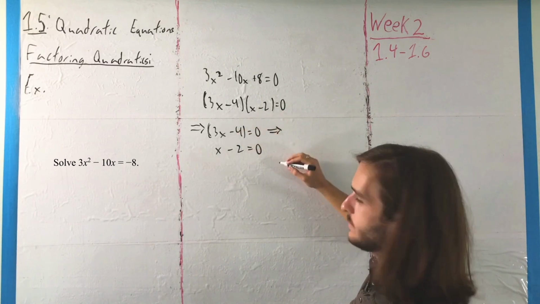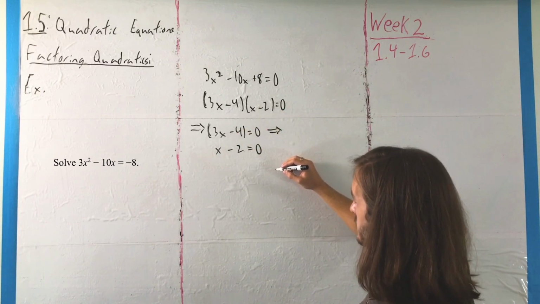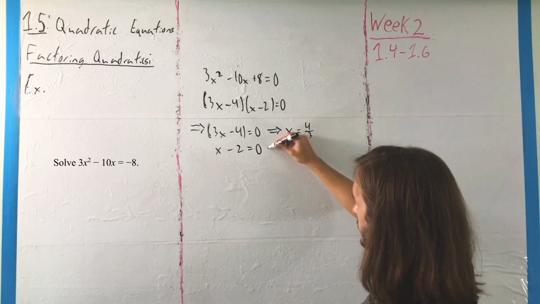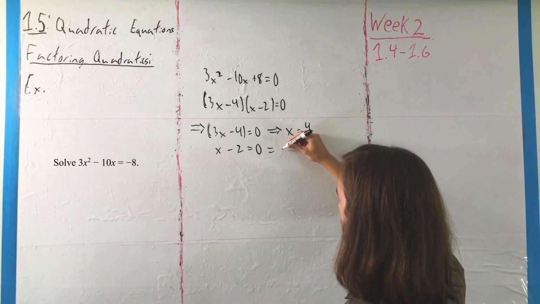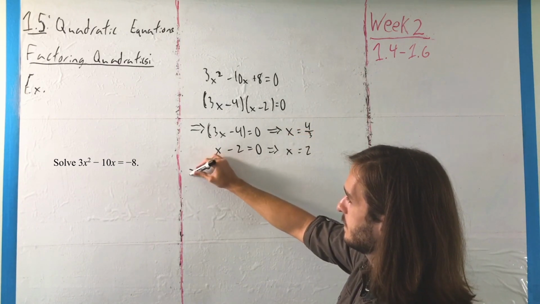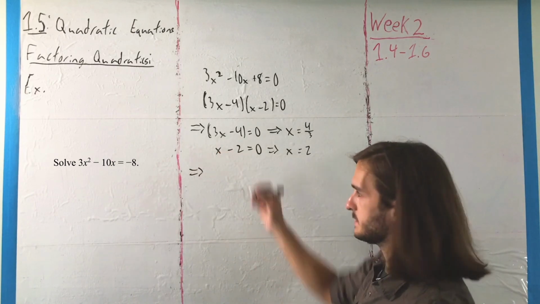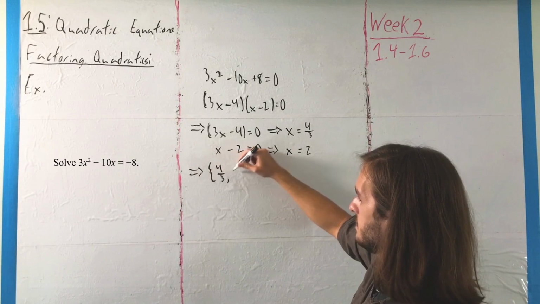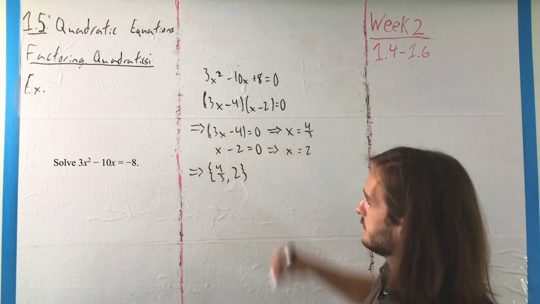For this one, you add over the 4, divide out the 3, and you would have x is equal to 4/3. While down here, you just add over the 2, and you would have x equals 2. That would tell us that, at least provisionally, our solution set in this case is 4/3 and 2.